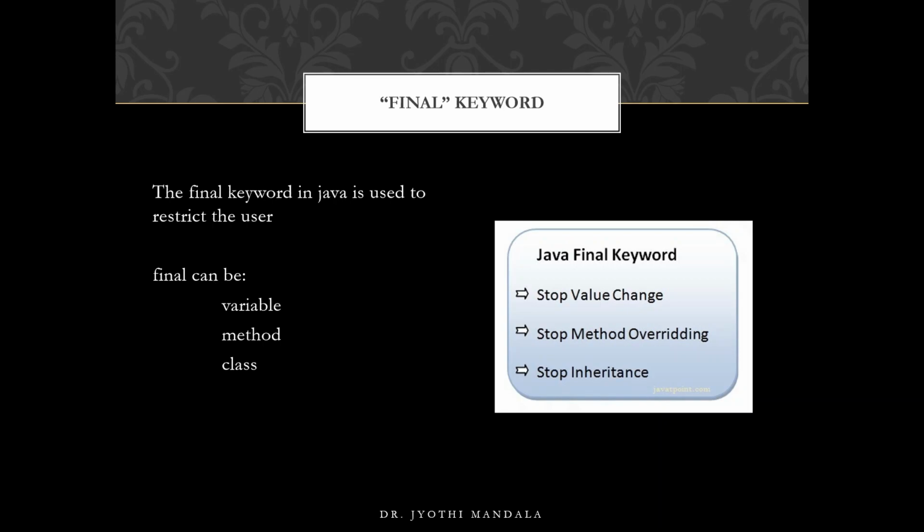Whenever you connect this final keyword with a class, then we are stopping inheritance. That means we are restricting the user from making changes to what is in our super class. So let us see in detail how this final keyword can be connected with your variable, method and class.